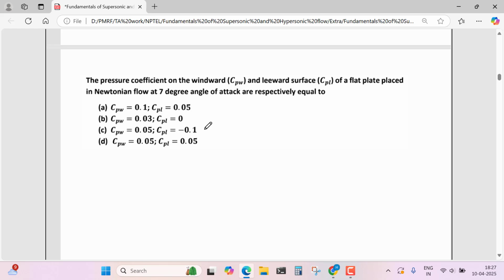B. CPW equal to 0.03, CPL equal to 0. C. CPW equal to 0.05, CPL equal to minus 0.1. D. CPW equal to 0.05, CPL equal to 0.05. So this problem is related to Newtonian flow. First we will see what Newtonian flow is.